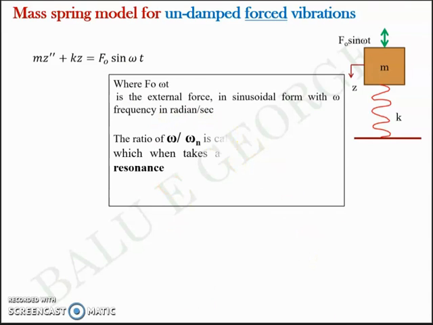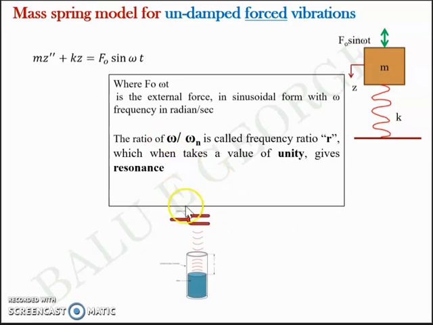And the ratio of omega by omega n is called the frequency ratio R, which when it has a unity value gives the resonance. In short, when omega, the frequency of the vibration force, is equal to omega n, the natural frequency of the system, the frequency ratio R is equal to 1. And that is when resonance happens.